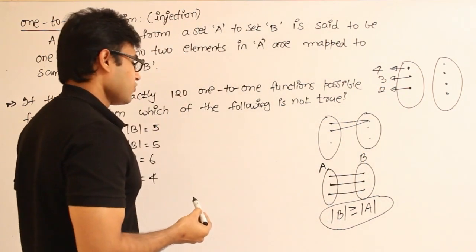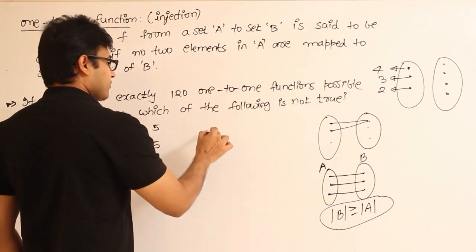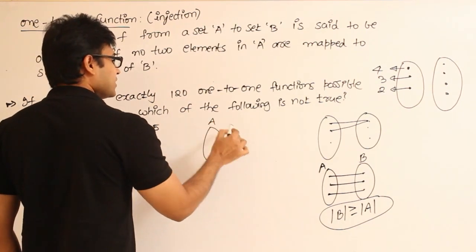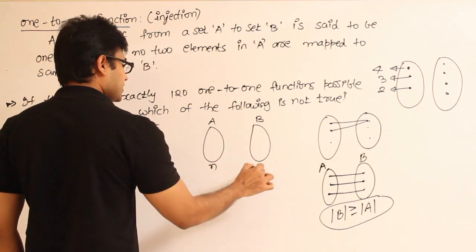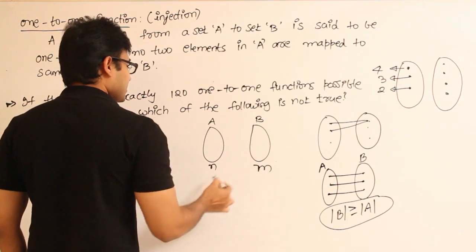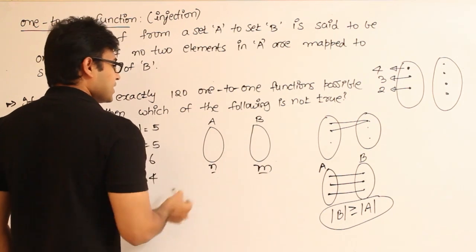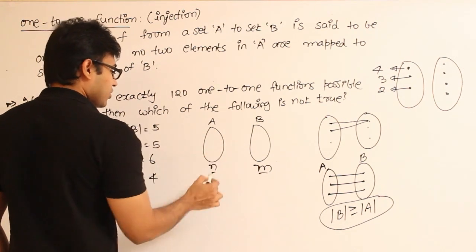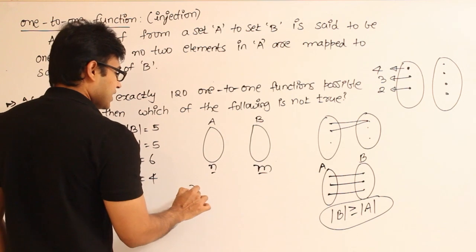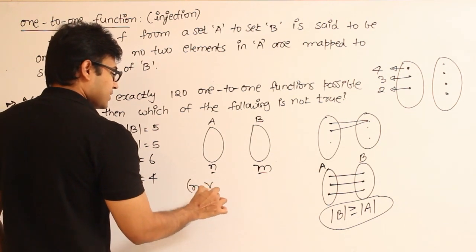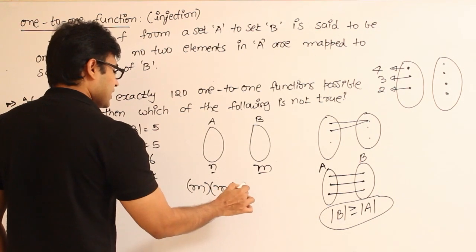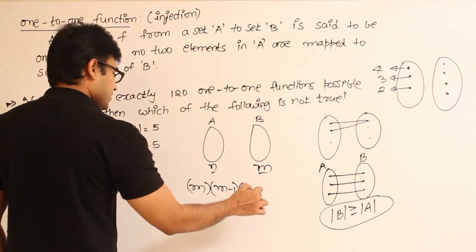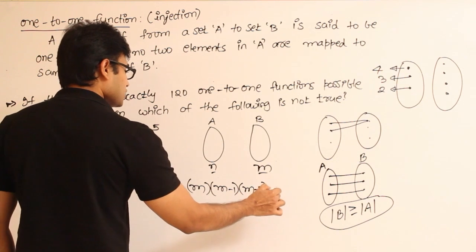Got it? Therefore in general, if A has n elements and B has m elements, then for the first element the number of choices is m, for the second element the number of choices is m minus 1, for the third element the number of choices is m minus 2, and so on.